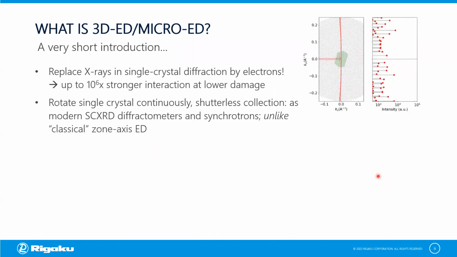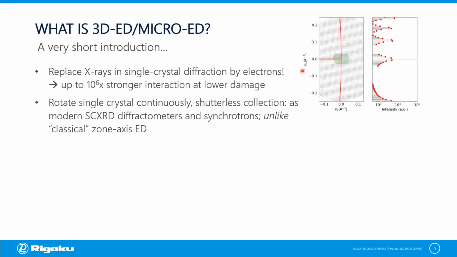So the way electron diffraction is mostly conducted now for structural solution is to just replace X-rays by electrons in a very familiar scheme of rotating a single crystal inside a continuous beam with concomitant shutterless data collection on ideally a hybrid pixel detector.